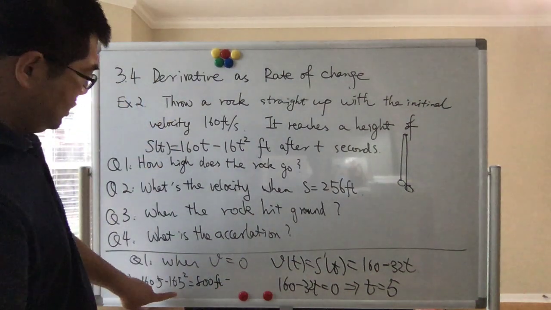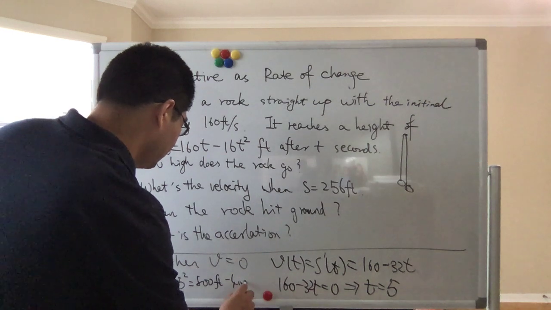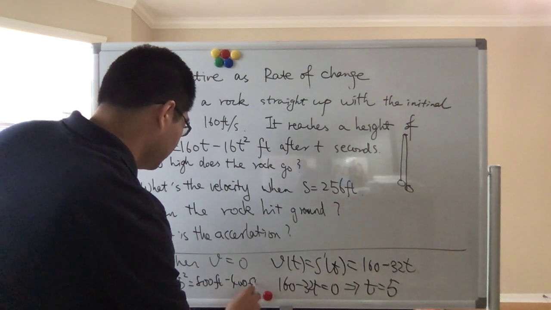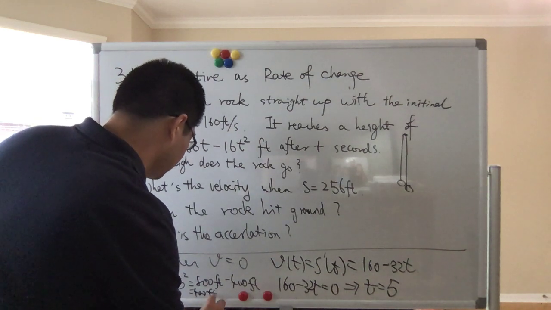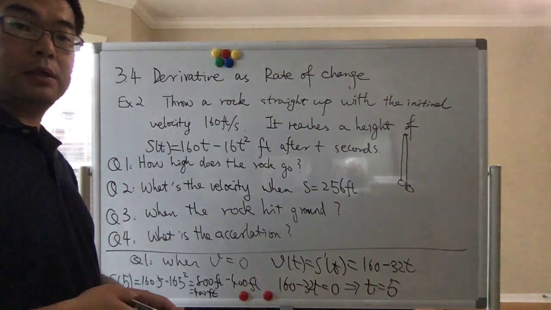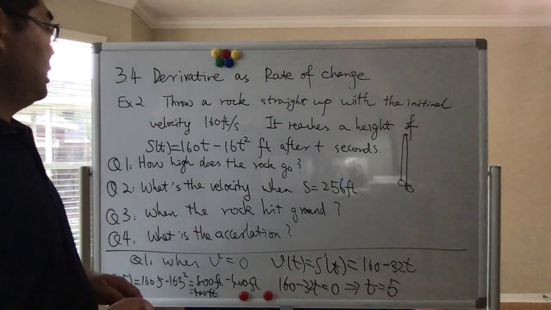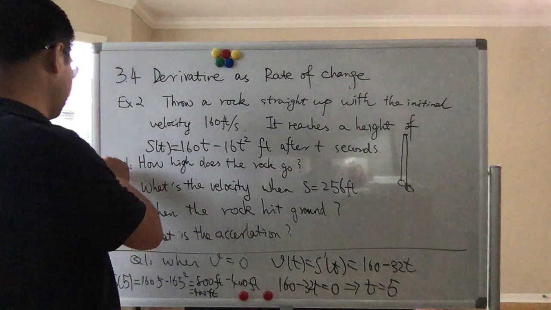You can compute it, it's going to be 400 feet. So the height is 400 feet. You can make the calculation by yourself, I'm pretty sure about this. So the first part is done.